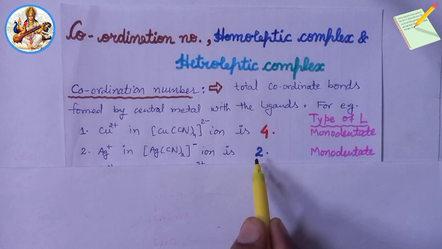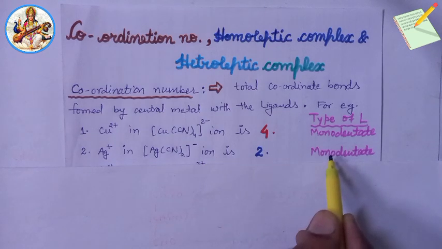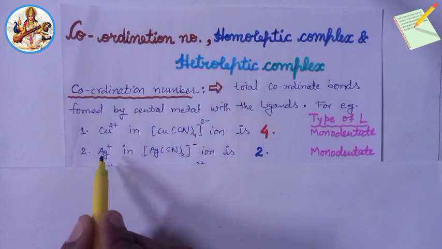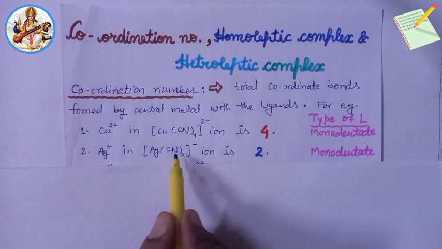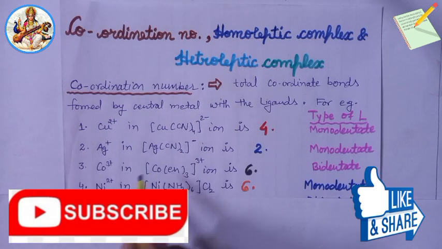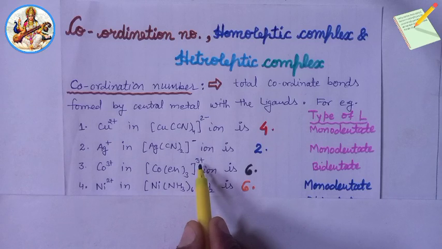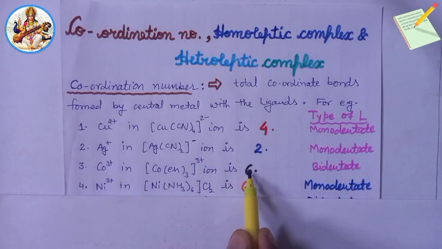In other words, we can say that cyanide is a monodentate ligand, therefore the coordination number of Ag+ in this complex ion is 2. Similarly, cobalt 3+ in [Co(en)3]3+ ion is 6.